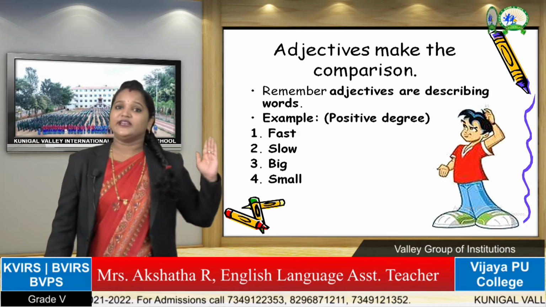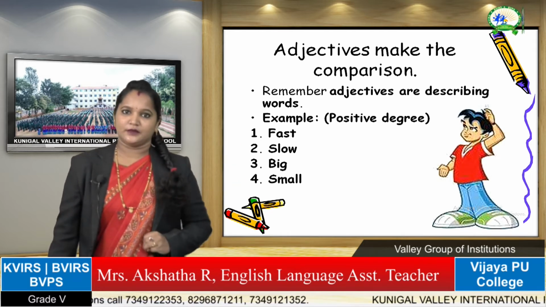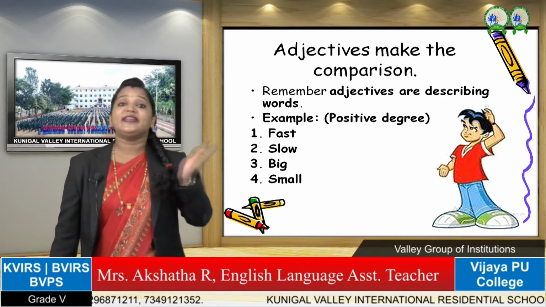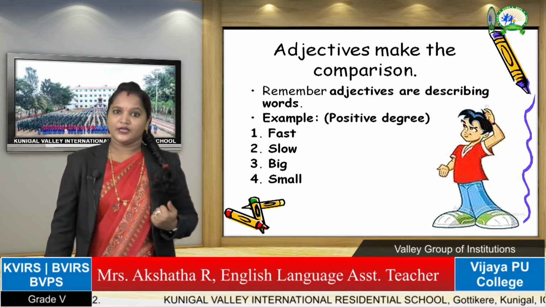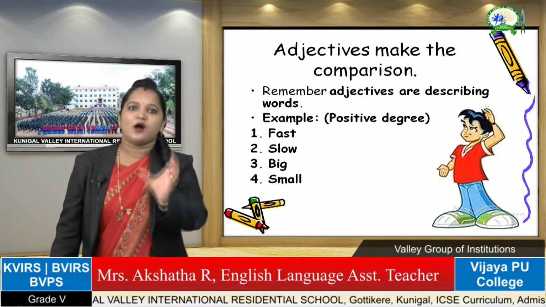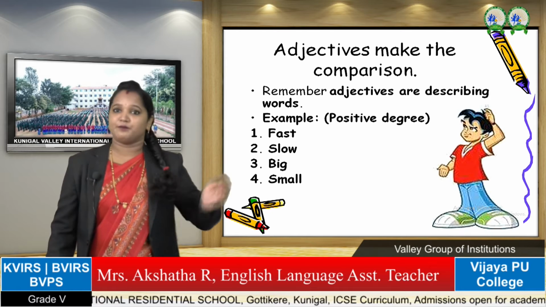So children, when it comes to degrees of comparison, we have 3 degrees. The first one is positive degree, the second one is comparative degree, the third one is superlative degree. When it comes to the positive degree, we speak about only one noun. There we won't make any comparison.